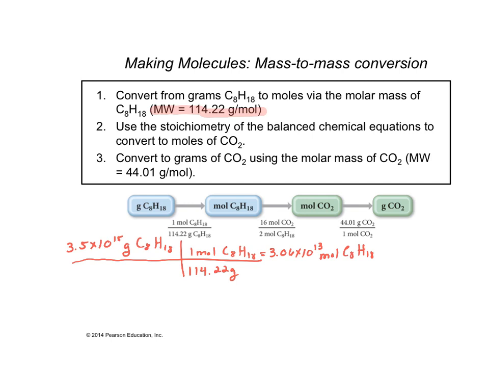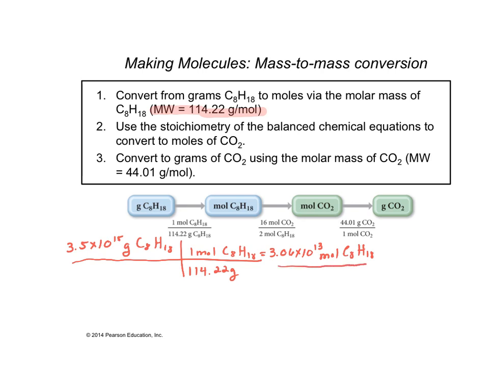So now that I am in moles of my reactant, I am in stoichiometry land. Now I can utilize those numbers in front of the balanced chemical equation. What was the numerical relationship between octane and CO2? How many octanes did I use? How many CO2s did I produce? 2 for every 16.